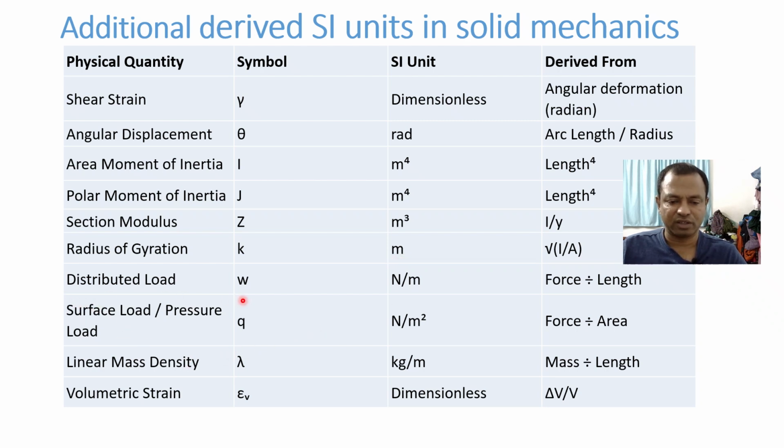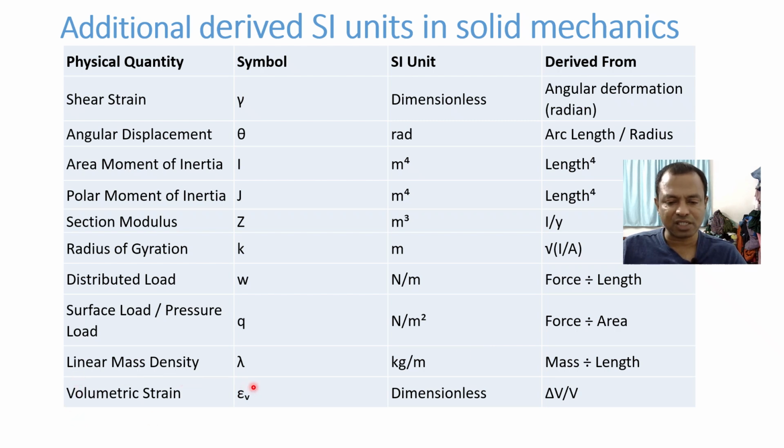Distributed load, small w, that is Newton per meter. Load unit is force, since it is per meter, force by length, that is Newton per meter. Then surface load or pressure load, that is force per area, so Newton per meter square.